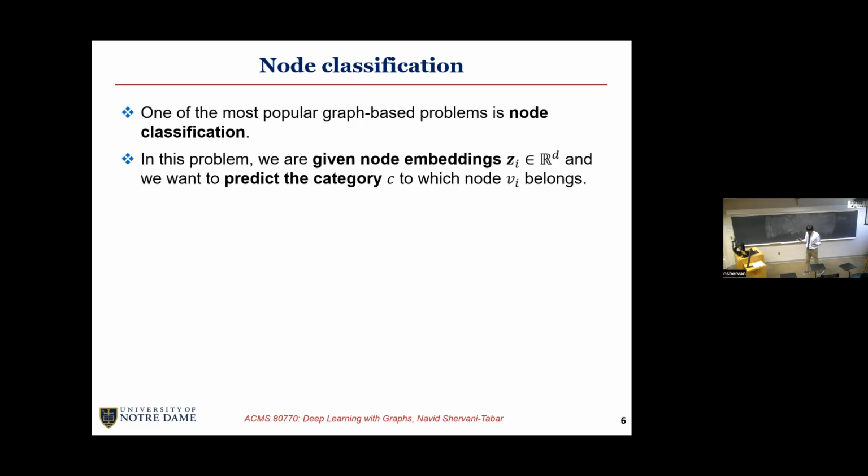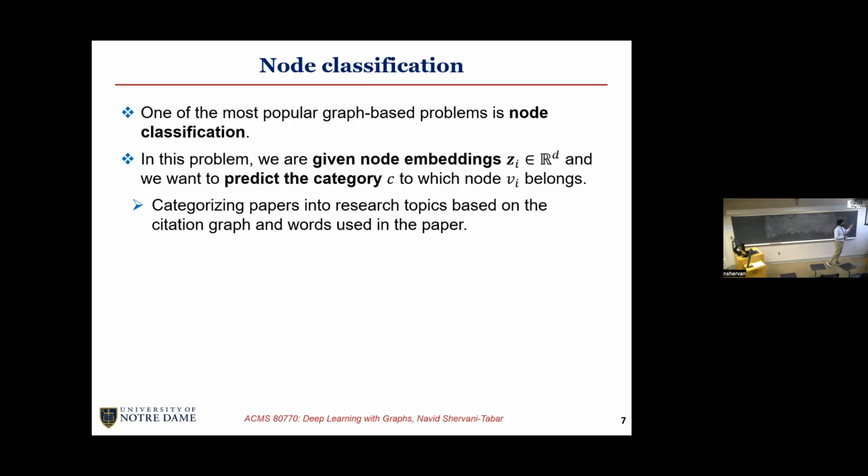Let's say that I have a fake versus real classification problem for a social network graph. Let's say that on Twitter, I would like to find out whether different users are fake users, bots, or actual users. So what we want to do now is take that node embedding and map it into one of two categories, fake or not fake.